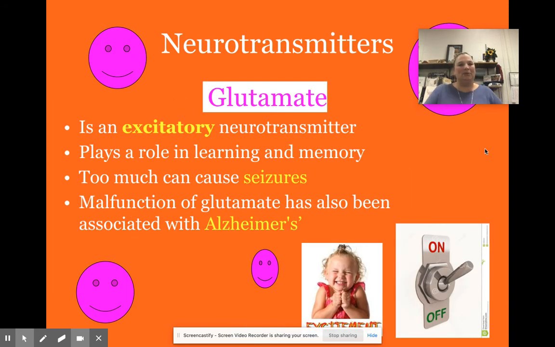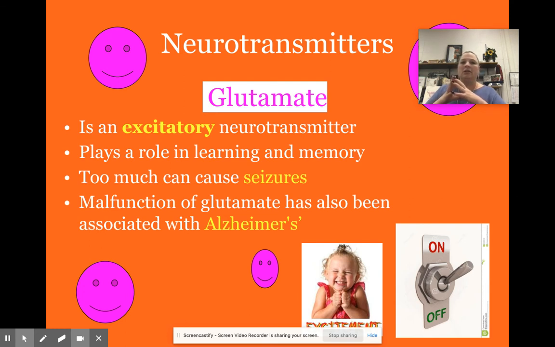The next one is glutamate. And glutamate is exciting. Got to think of glutamate as exciting. This is your excitatory transmitter. It plays a role in learning and memory. Now, too much of this stuff, because it is so exciting, it can cause seizures, which would make sense. This is also affected by Alzheimer's. So what do you see as symptoms with an Alzheimer's patient, if you know anybody that's had that?